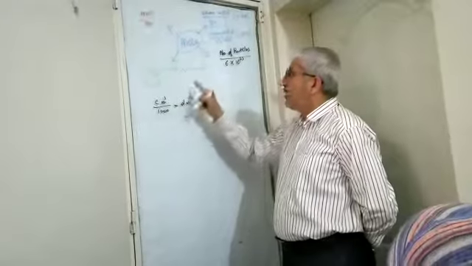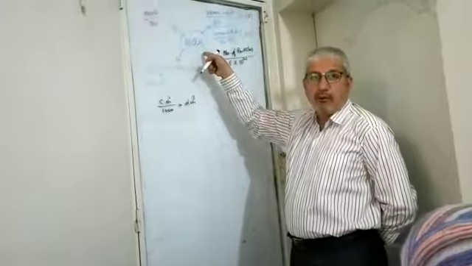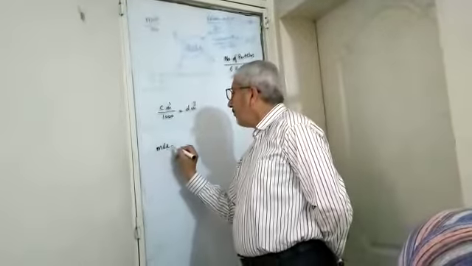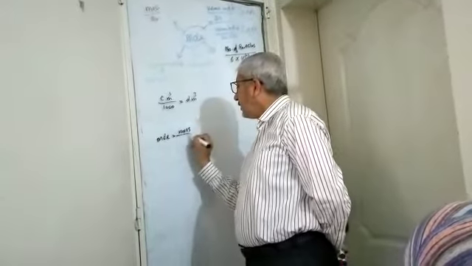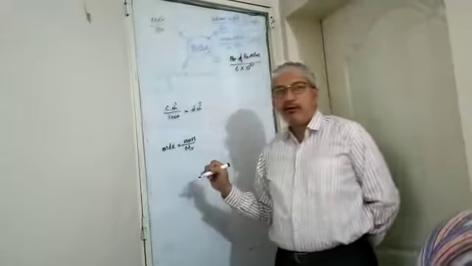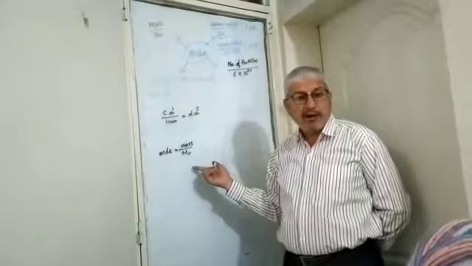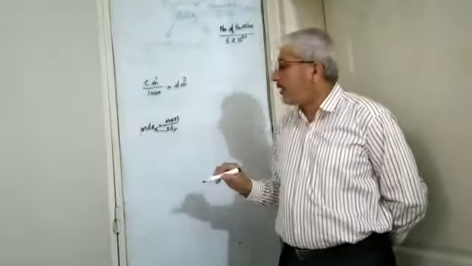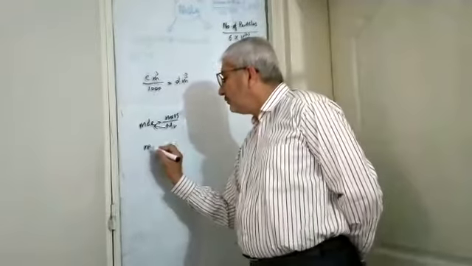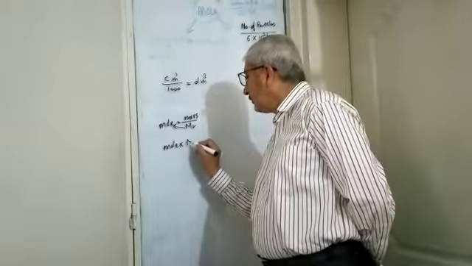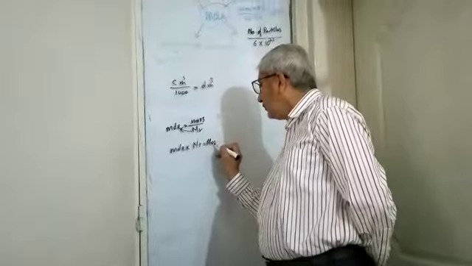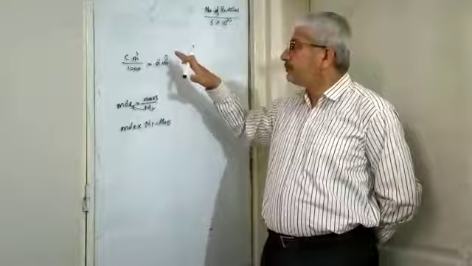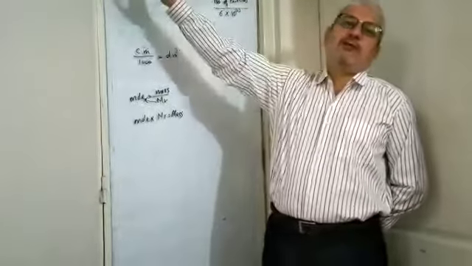Now by this formula you will find mole, and then mole is equal to mass upon MR. You can find the MR from the periodic table, take this MR, multiply it with mole. Mole multiplied by MR is equal to mass. This is how you will change from one formula to the other formula.